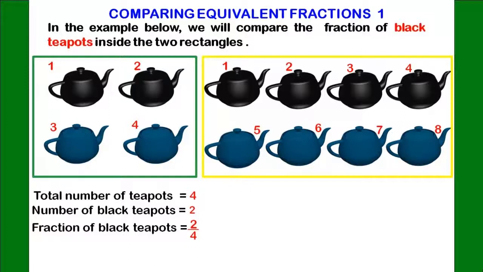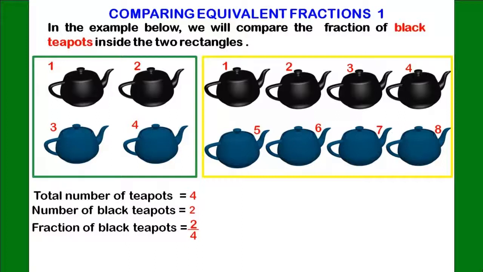The whole or total number of teapots in the first rectangle is 4, and the figure forms the denominator, while the parts represented by the colored teapots are the 2 blue and the 2 black teapots. Since we are interested in finding the fraction of the black teapots in this rectangle, this will be considered as the numerator.